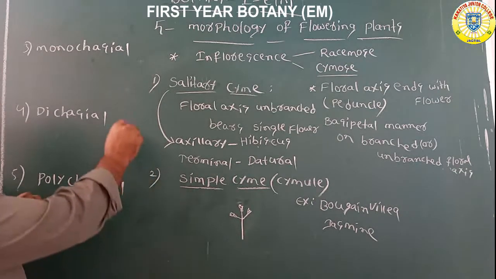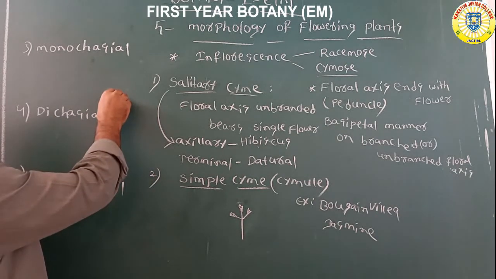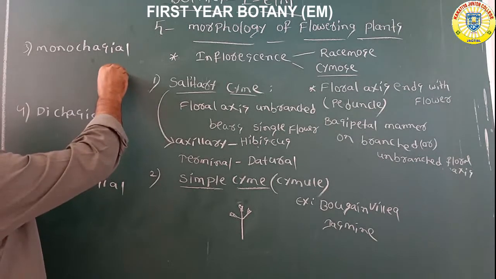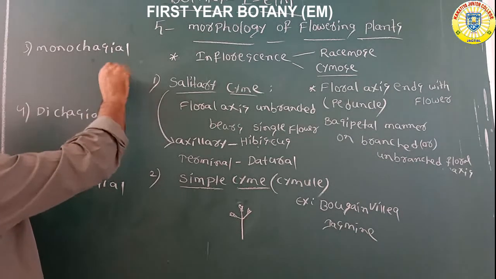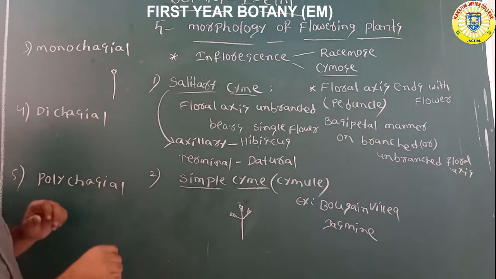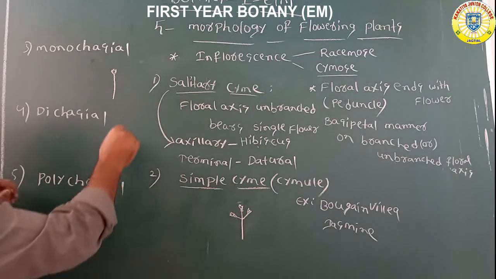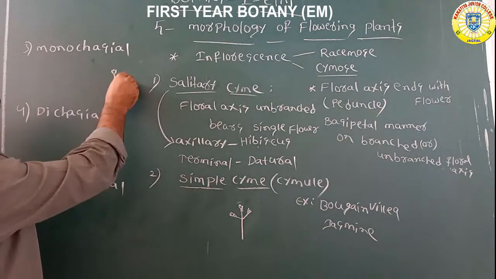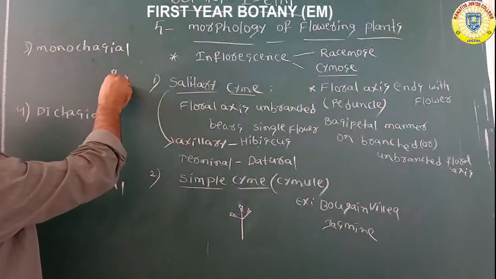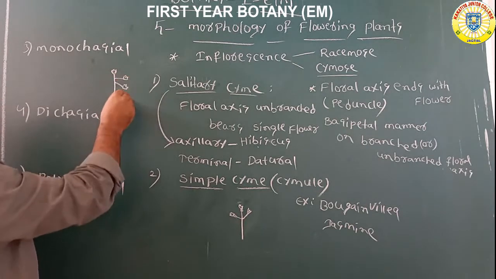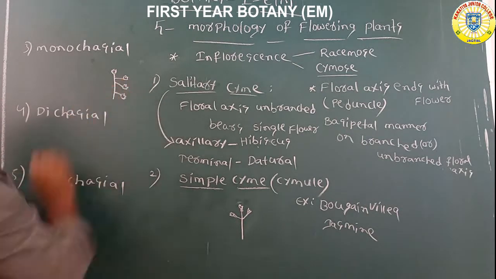Here the floral axis is there, no? The floral axis ends with a flower. Then after it has only one branch. This branch also ends with a flower. Another branch, this branch also ends with a flower.